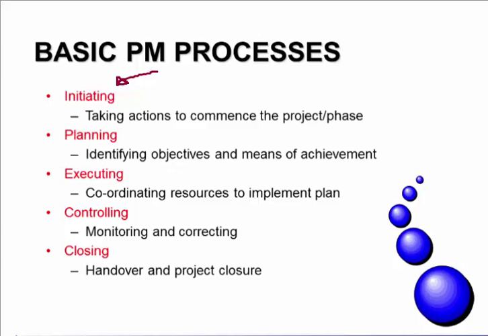Then once the requirements are met, they then need to be handed over to the client, the customer, the operations, whoever the task is for and who commissioned the task, and then the project is effectively closed.